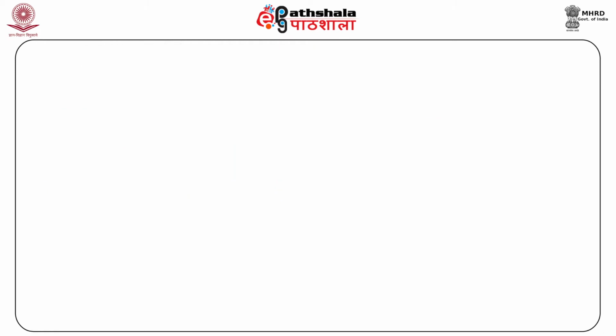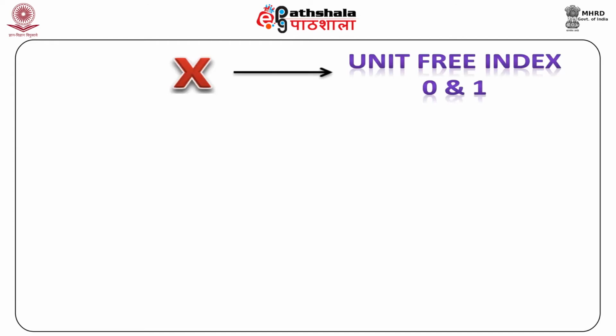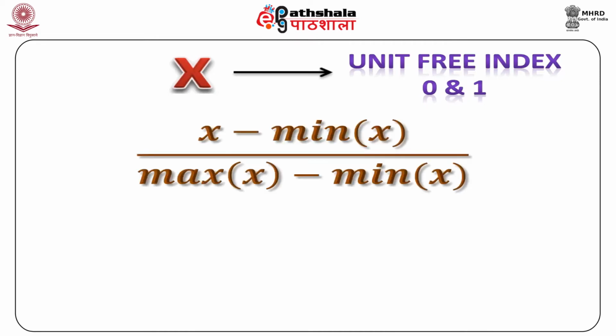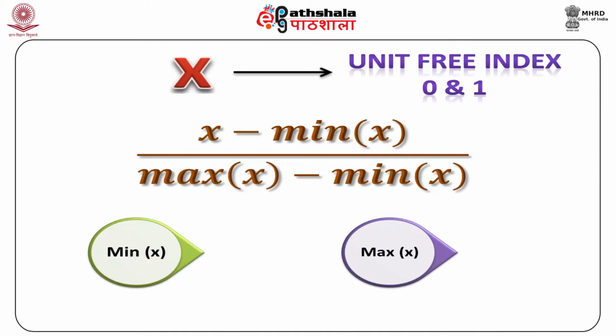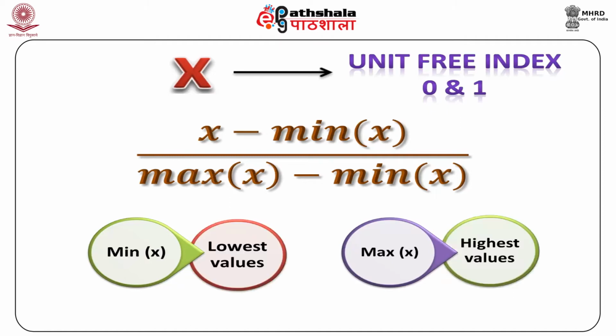In general, to transform a raw variable, say x, into a unit-free index between 0 and 1, which allows different indices to be added together, the formula used is (x minus minimum x) divided by (maximum x minus minimum x), where minimum x and maximum x are the lowest and highest values the variable can attain respectively.